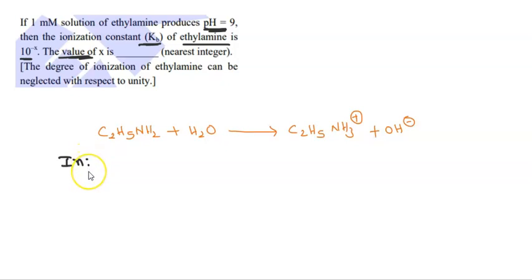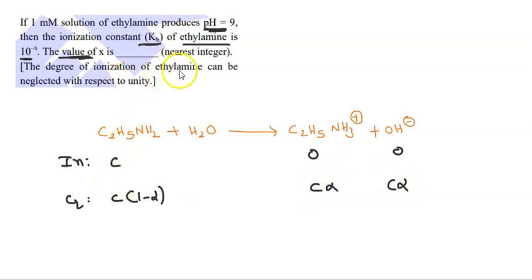Initially, ethylamine has concentration C, and water is in excess. Here it will be 0, here it will be 0. At equilibrium, it is C(1 minus alpha), and here it is C alpha, C alpha. The degree of dissociation of ethylamine can be neglected, so 1 minus alpha can be taken as nearly equal to 1.